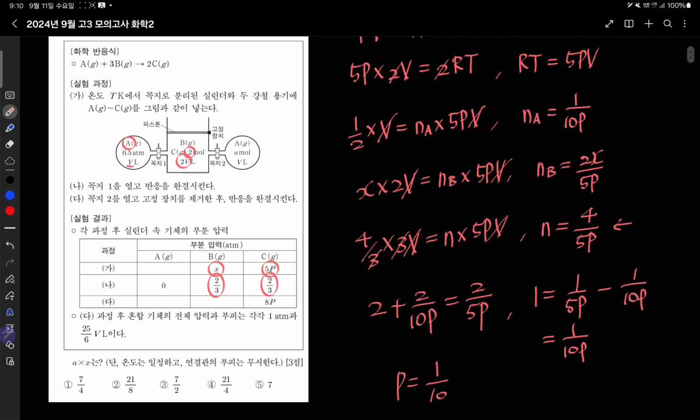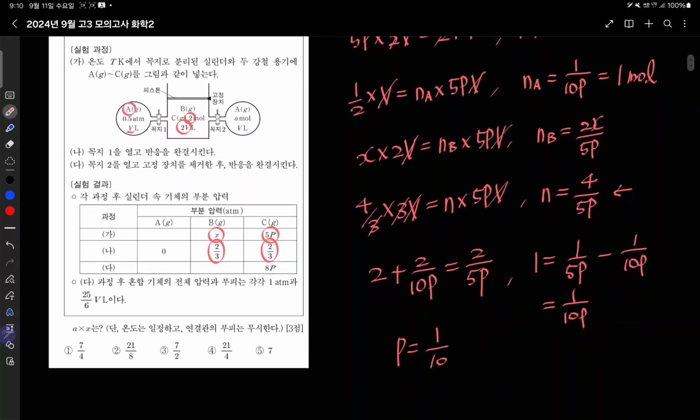That means the amount of gas A is 1 mole. And the amount of gas C after the reaction, half of this is 4. So 4 mole of gas C is present after the first reaction.